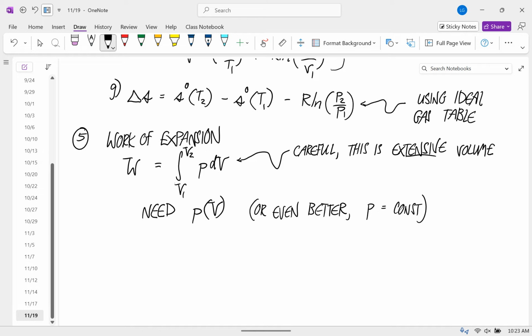So I think still in all the problems that we do, if you see the polytropic expression or you see something saying it's a constant pressure, remind yourself to look for places to calculate that work of expansion. That's the most common way those things are used.